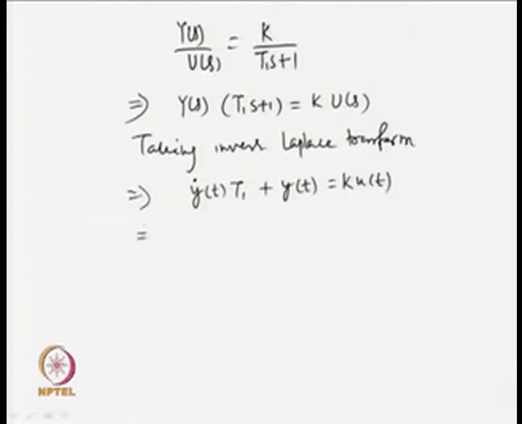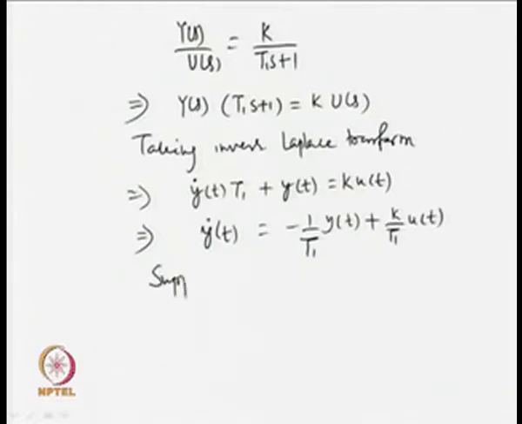Now, this further can be written in the form of y dot t is equal to minus 1 upon T 1 y t plus K upon T 1 u t.